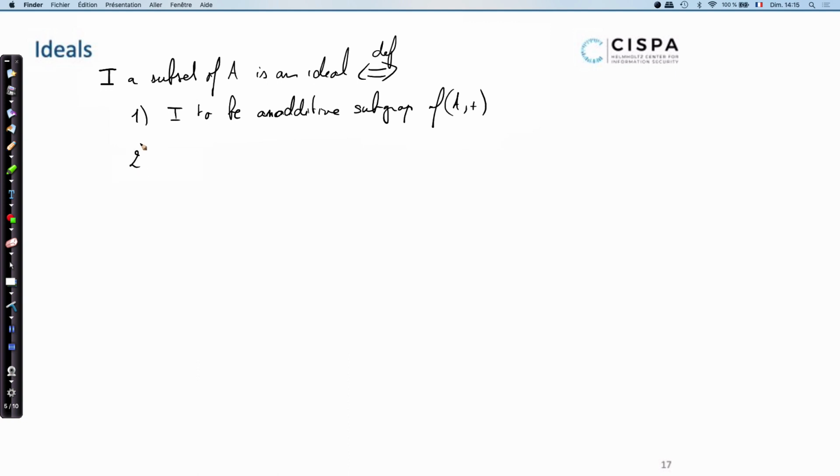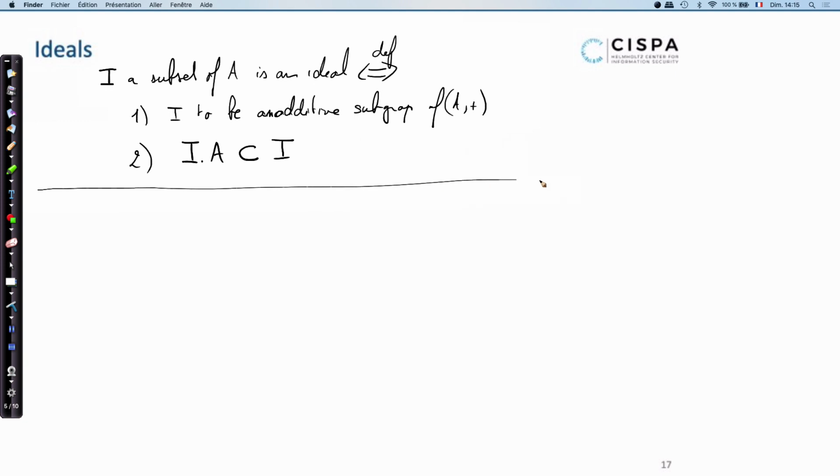And the second property we want is for the set I times A to be included in I. In the non-commutative case, there are two kinds of ideals, left ideals and right ideals. But I don't want to go into that, so for the moment I'm considering that the ring A is commutative. And okay, so this is an ideal.